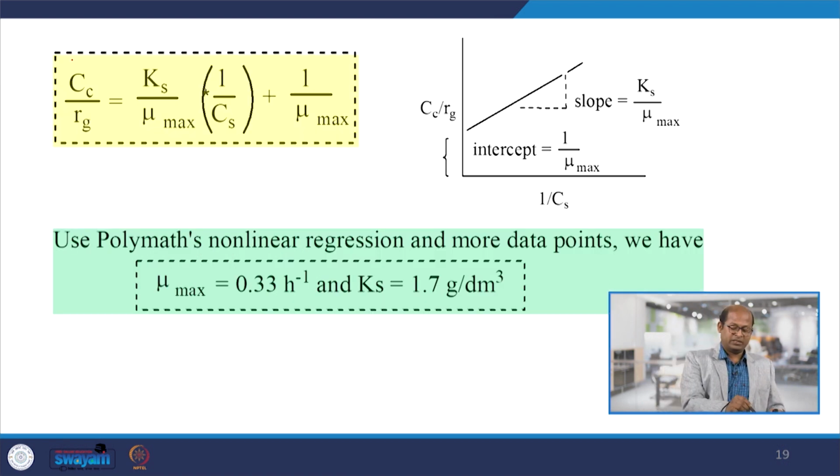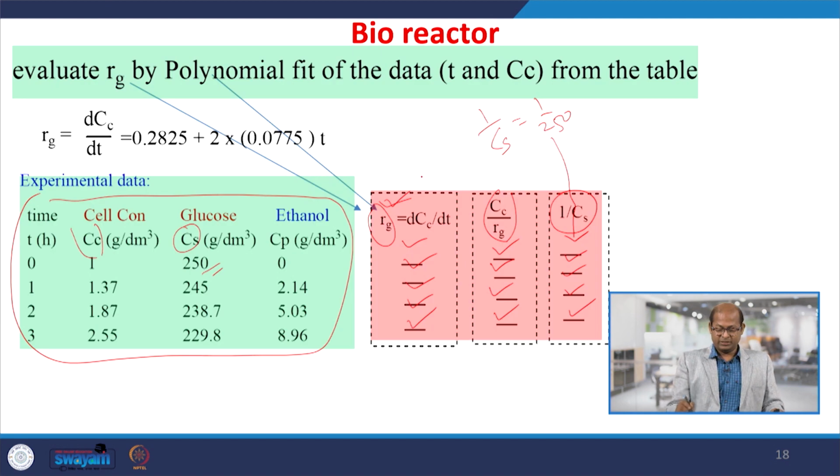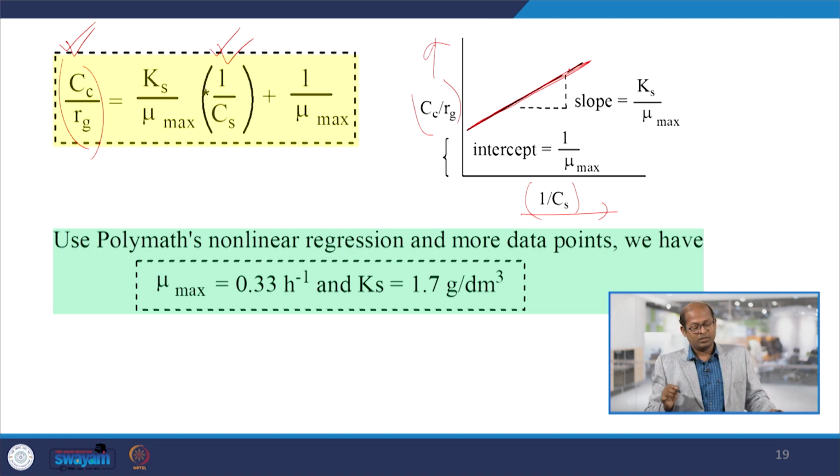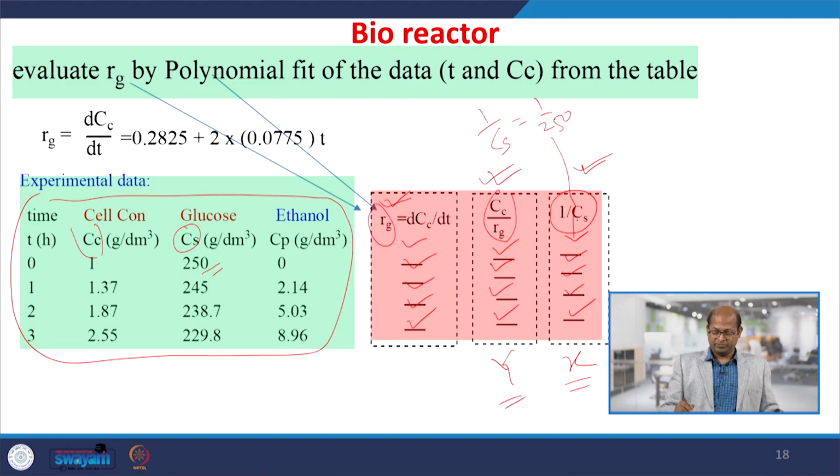In these equations, the left hand side and these components are present. This one we plot on the y axis and this one on the x axis. So, now if we plot, on the y axis Cc by Rg and on the x axis 1 by Cs, these lines will come like this, considering the values of this column.